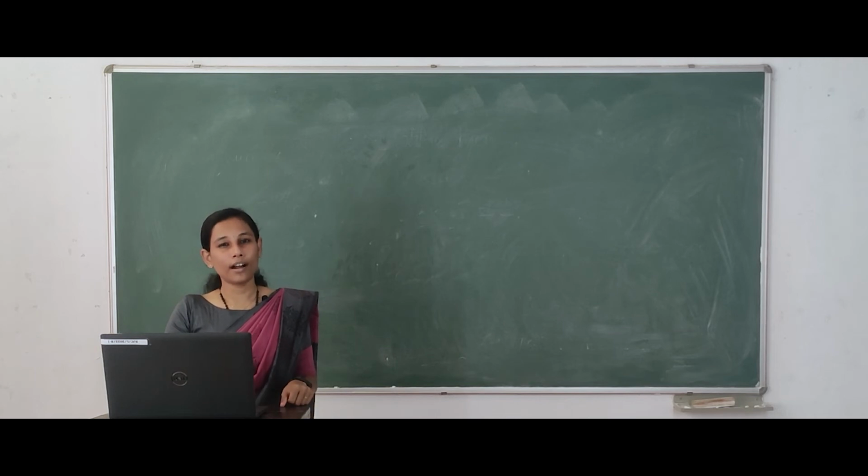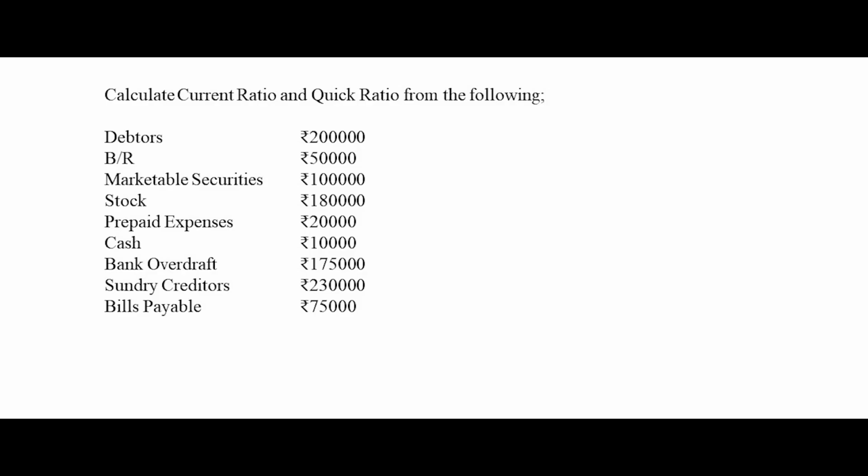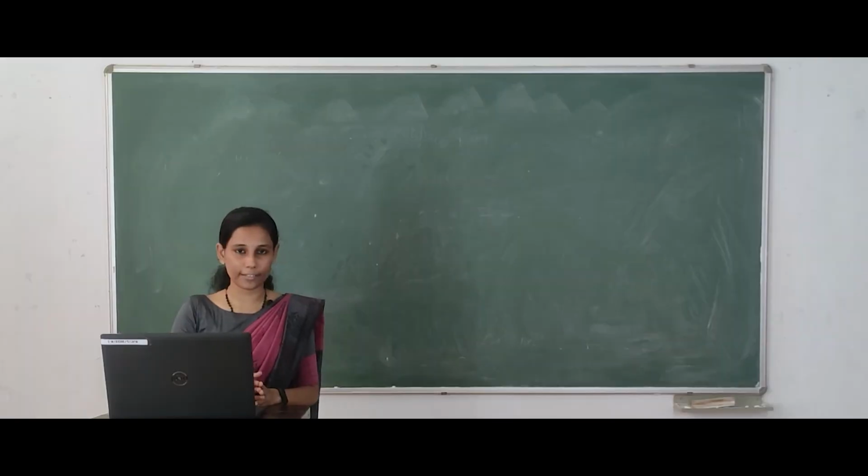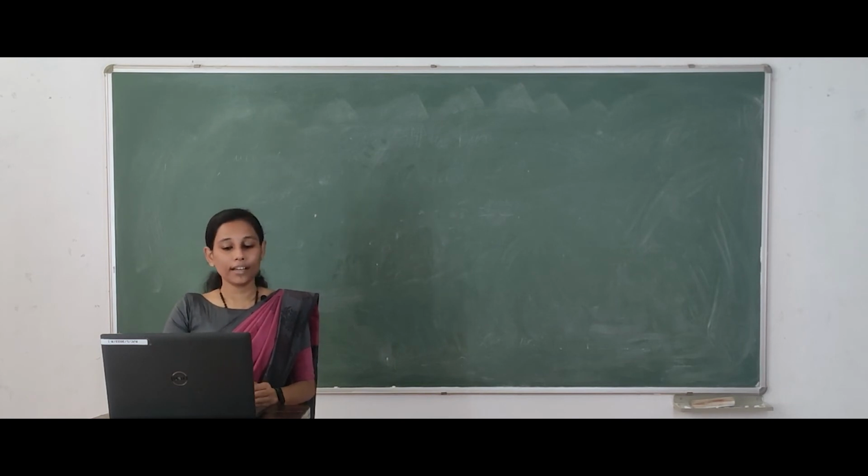It includes debtors, bills receivable, marketable securities, stock, prepaid expenses, and cash. In current ratio, all the assets, including inventories and prepaid expenses, are included in current assets. Okay. Then we can calculate the value of current assets.